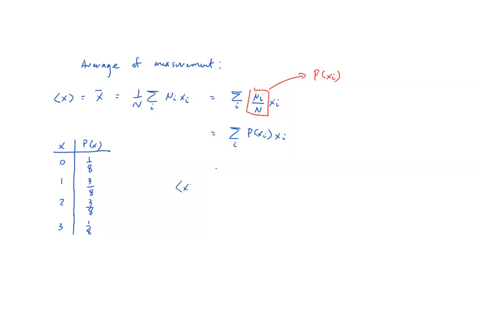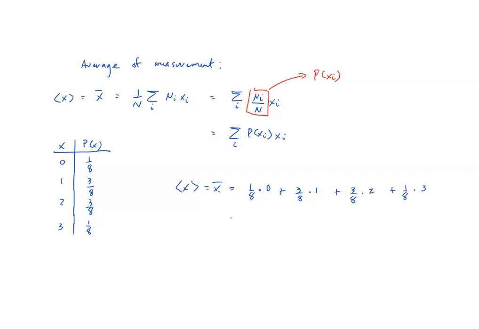So the expectation value of X or average, isa-sum natin. So we have the first, kahit magkabaligtad to, Xi and Pxi, okay lang. So let's say we have the first probability, 1/8 times the first variable, 0, plus next probability is 3/8 times 1, next plus 3/8 times 2, plus 1/8 times 3.